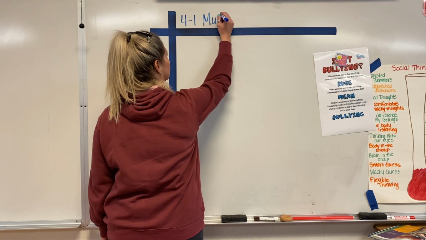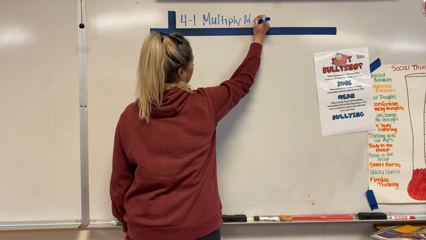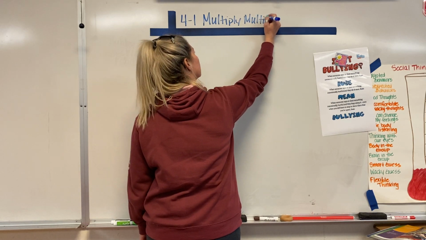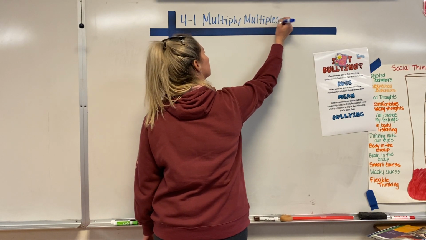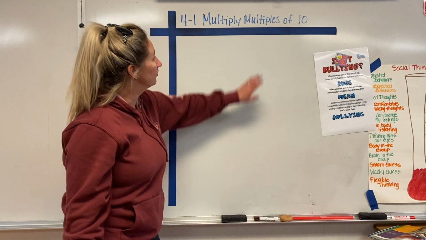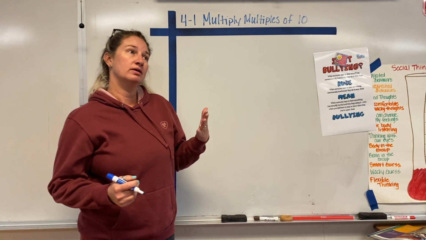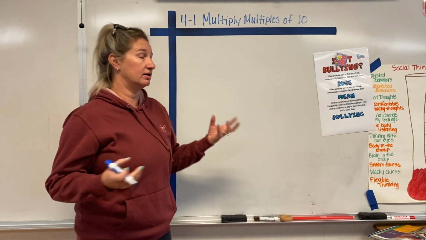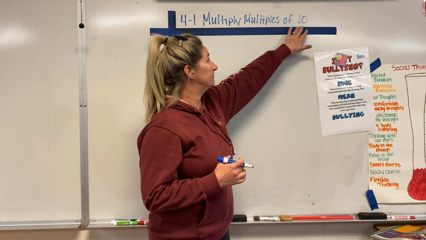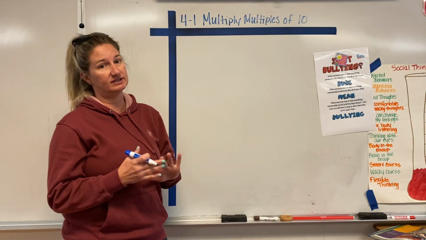Multiply multiples of 10. Okay, multiples are basically like counting by that number. So if it says multiples of 10, that would be 10, 20, 30, 40, 50, 60.